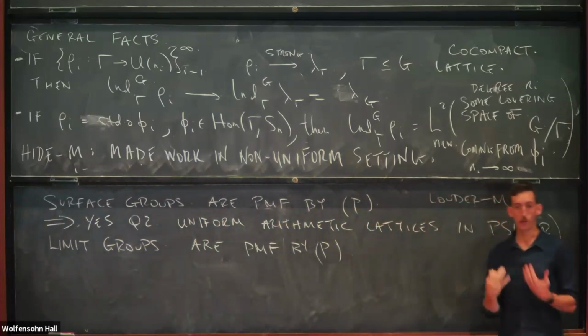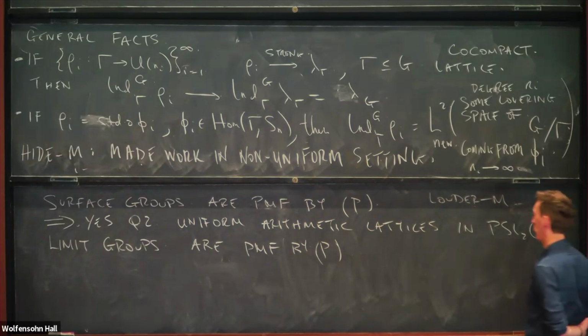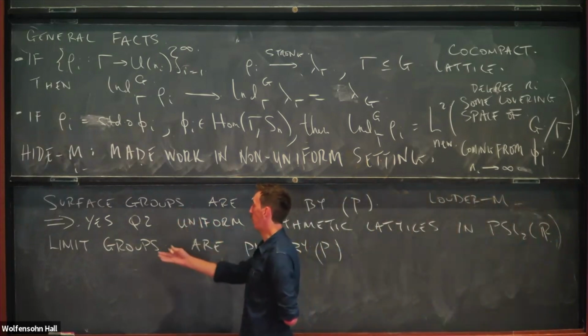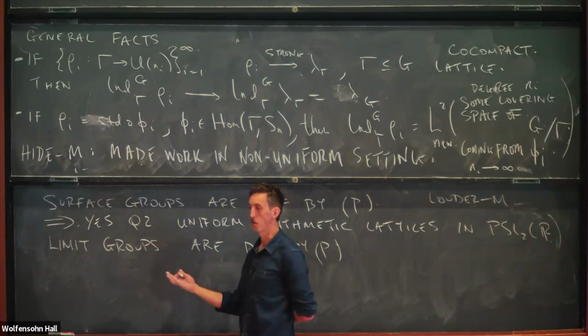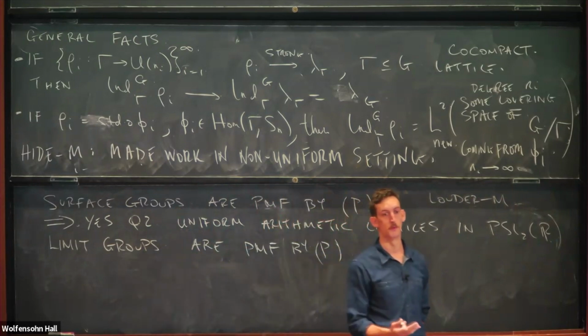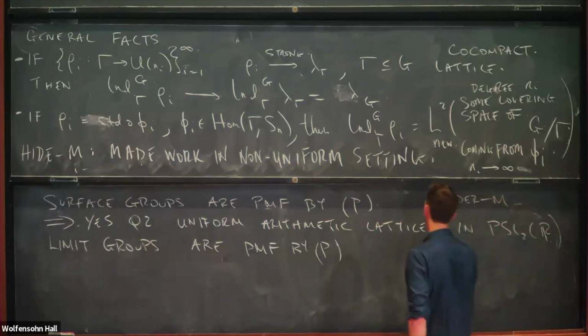A group being fully residually free means for any finite subset of the group, you can map it to a free group and inject on that finite set. So you have many homomorphisms to free groups. But the surface groups don't really need anything fancy. To extend to all limit groups, you need to use very strong results of Sela from his work on the Tarski problem on the first order logic of free groups. Okay, so this uses Sela.